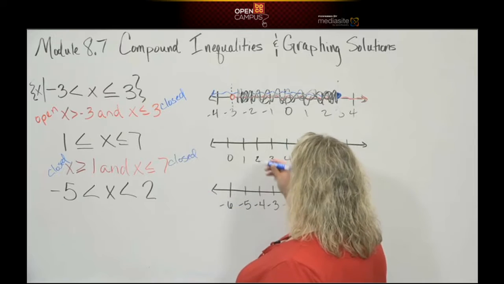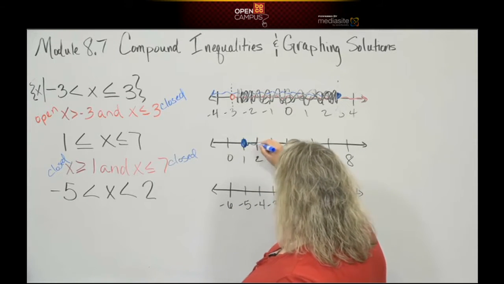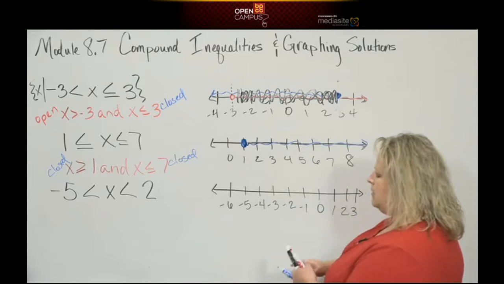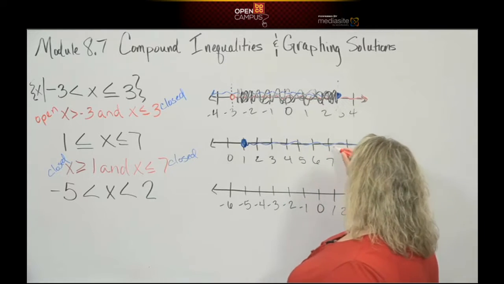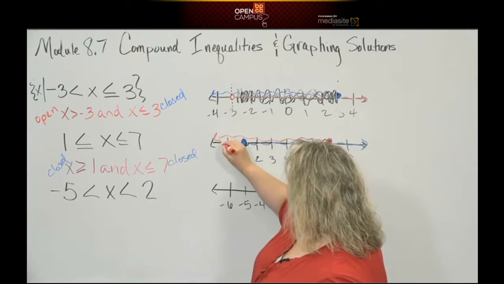All right, so we have greater than or equal to +1. So that shades this way. Okay. We have less than or equal to 7. Closed circle. That shades that way.